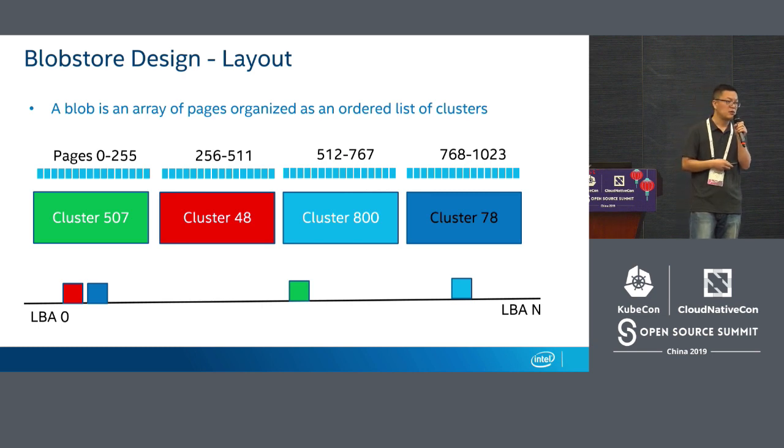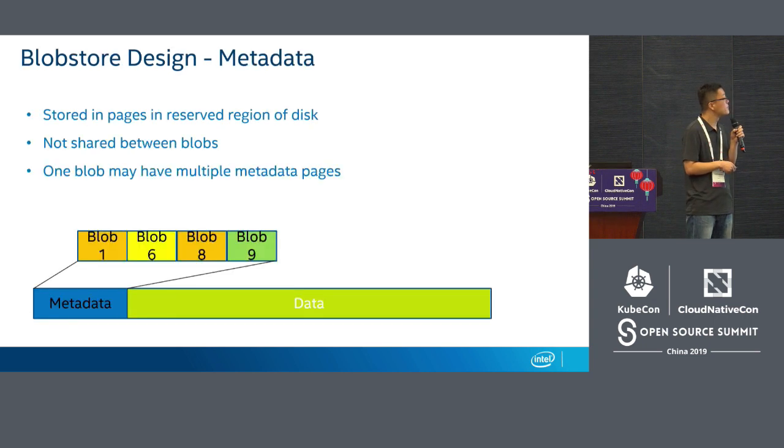So this Blobstore, you can regard it as an array of pages. It is stored in pages in the reserved regions of the disk, which we call metadata.